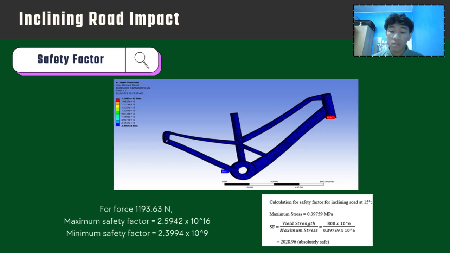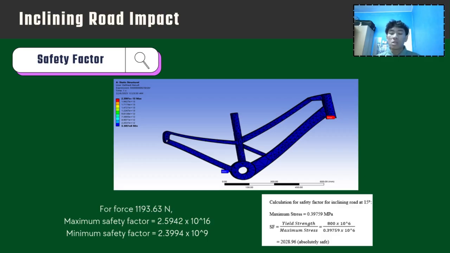For the safety factor calculation for the inclining road, we count it at 15 degrees, and the maximum stress is equal to 0.39759 MPa. The formula for the safety factor is yield strength divided by maximum stress, where yield strength is 800 times 10 to the power of 6, while the maximum stress is 0.39759 times 10 to the power of 6.